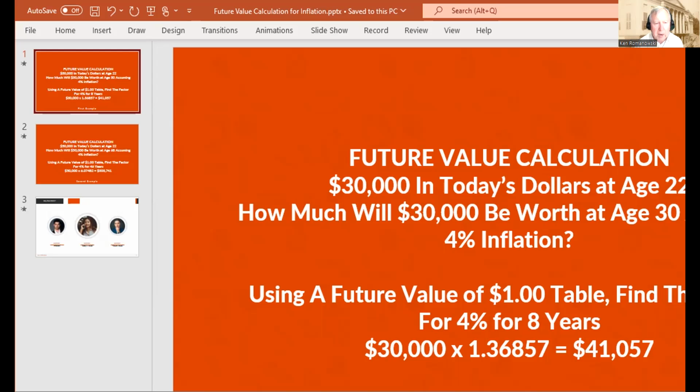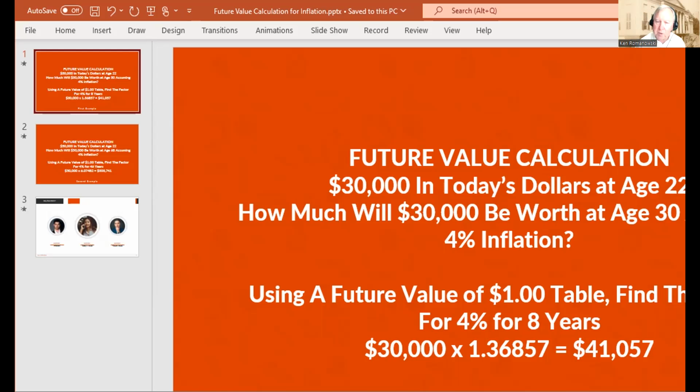There's a point where the line for N meets the line for the percentages, and that comes right here. This number, 1.36857, is known as a factor.